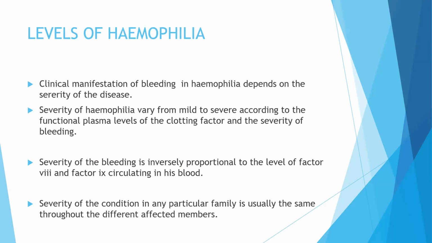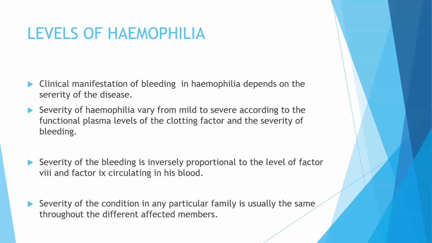It is classified into three. The clinical manifestations of bleeding in hemophiliacs depend on the severity of the disease, which varies from mild to severe according to the functional plasma levels of the clotting factors in circulation.